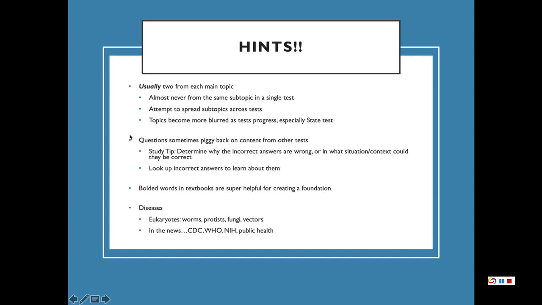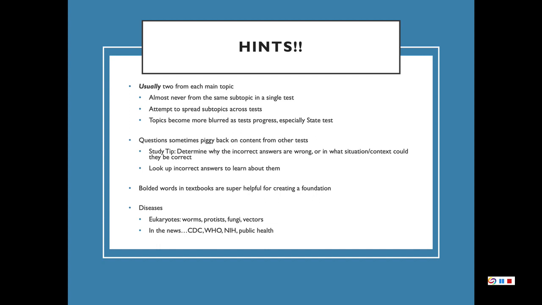Sometimes the questions will actually piggyback on content from other tests. So one study tip here is to try to determine why the incorrect answers in the question are wrong, even if you got it correct. They might be completely out there, which is sometimes the case, or the question might be related and there might be a specific situation when it is correct, or perhaps the original question could be reworded.